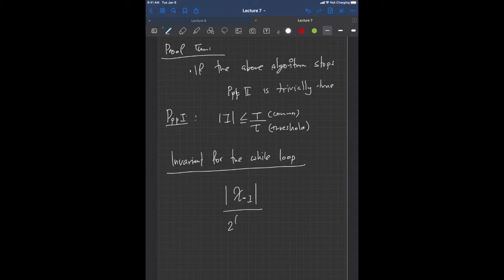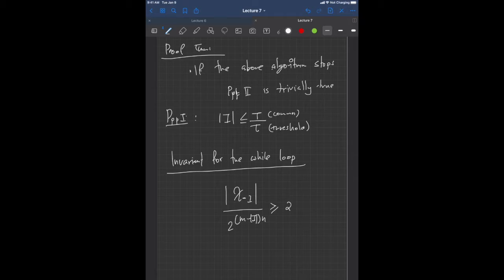This n is at least going to be... yes, 2 to the... so this one I'll need to normalize, not really, yeah.